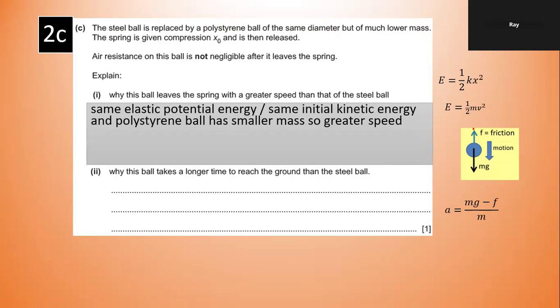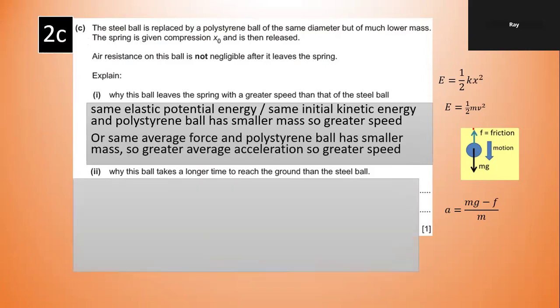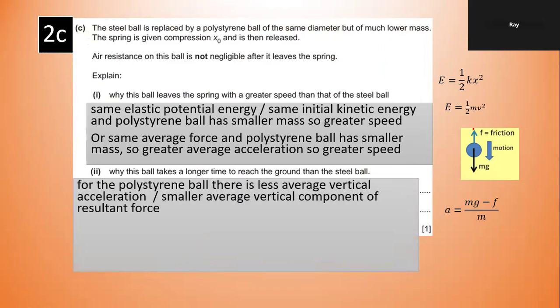Air resistance, drag force. Longer time to reach the ground is because, for the polystyrene ball, there is less average vertical acceleration. Right, you have to explain now. You cannot say drag force alone, it won't give you any mark.